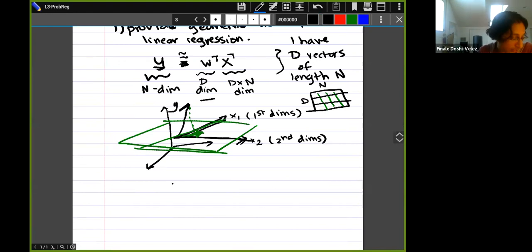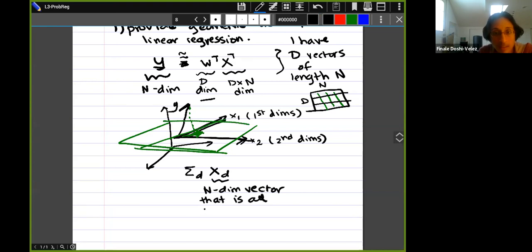To compute the projection, we end up with a sum over each dimension, where I'm going to use little d to mean the n-dimensional vector that is all elements of the dth dimension, times the inner product of x_d and y, and a normalization.